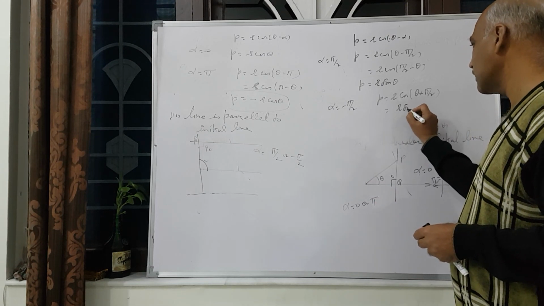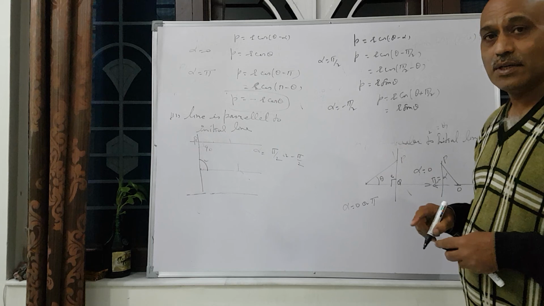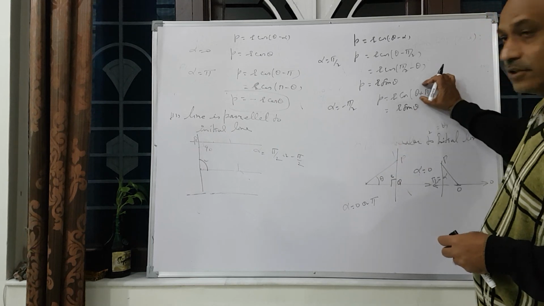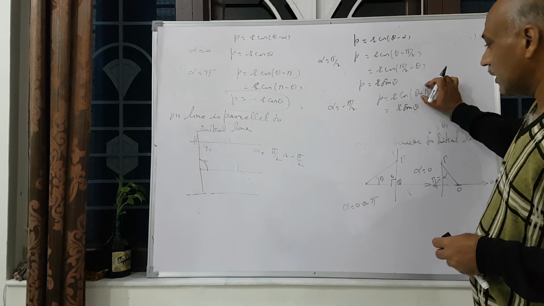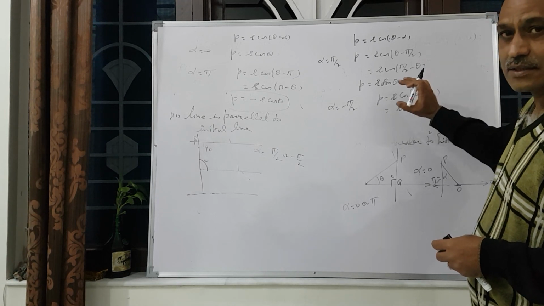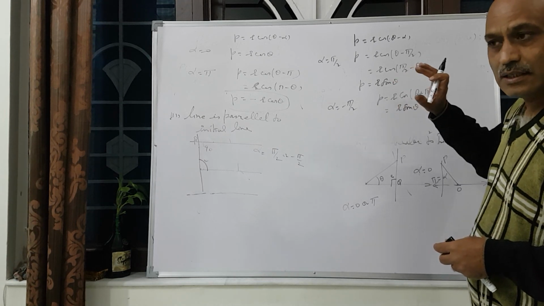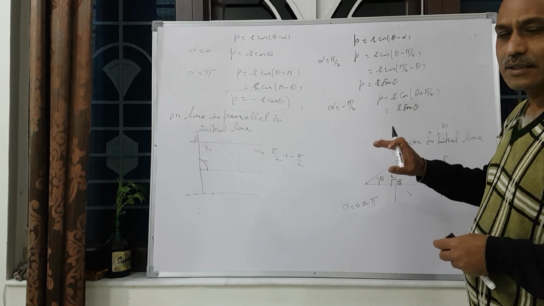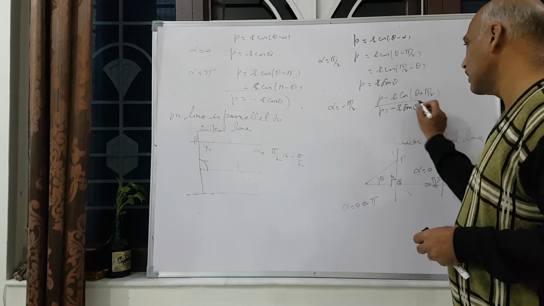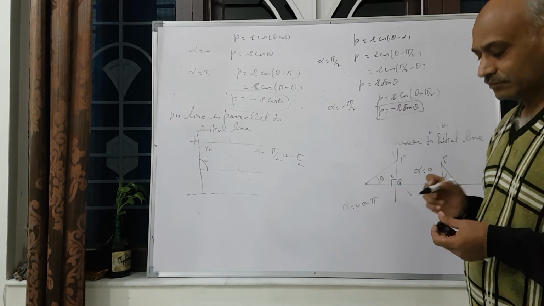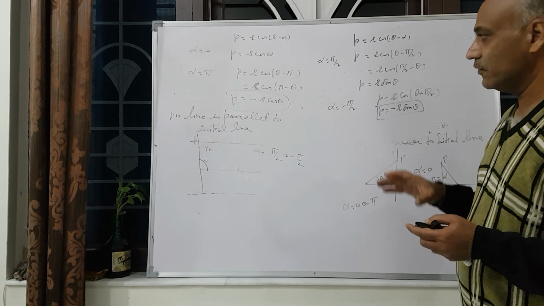First you write r sin theta. In the second quadrant, we see the sign of this one, sine of cos. Pi by 2 plus theta is in the second quadrant, where cos remains negative, so this becomes negative. P is equal to minus r sin theta. So this is the equation of the line.